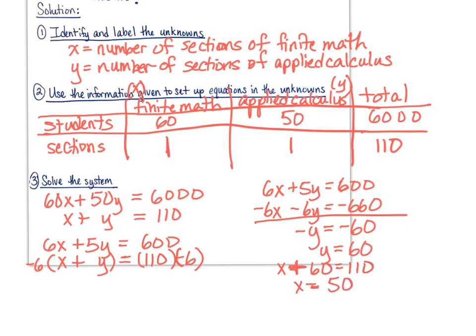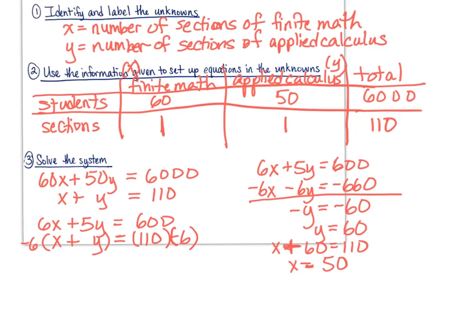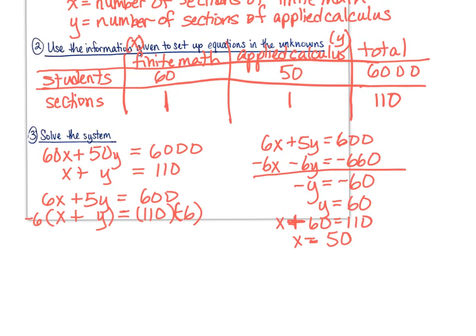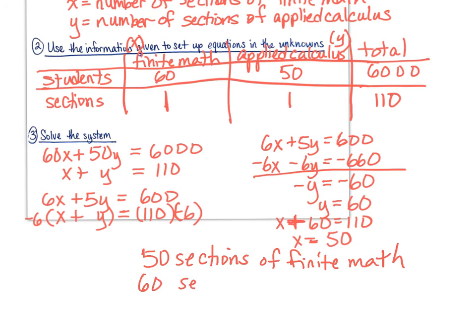That's right. So what you get is, you need 50 sections of what? Good. So we need 50 sections of finite math. And you need how many sections? 60 of applied calculus.